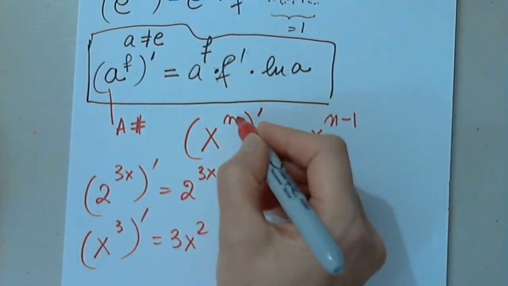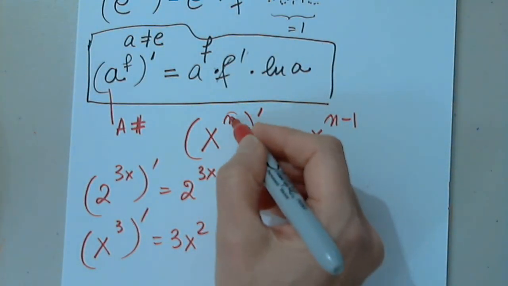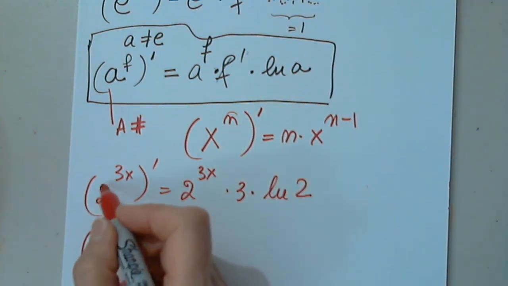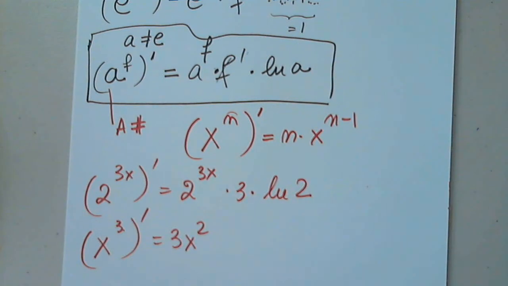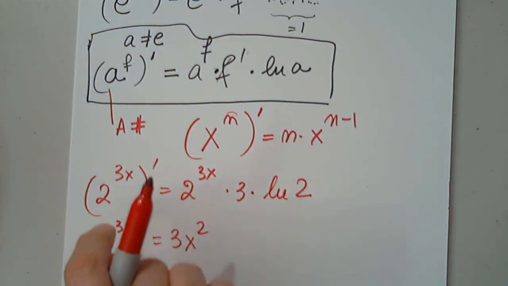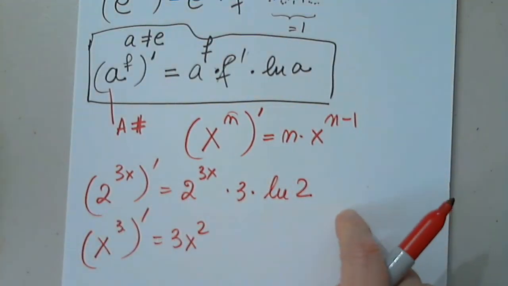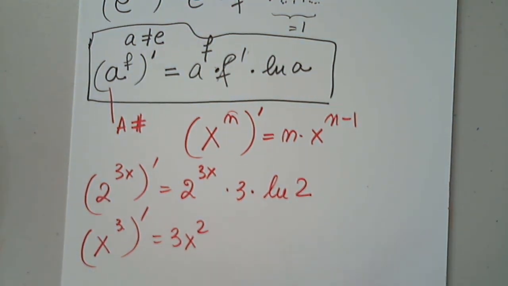So here, this is the number. But here, this is the number, and this is the function. So the roles are reversed. Here, the base is the number, but here, the base is a function. When it is a number, I have to follow this rule. When it is a function, I have to follow another rule. Is it clear now, Victoria?